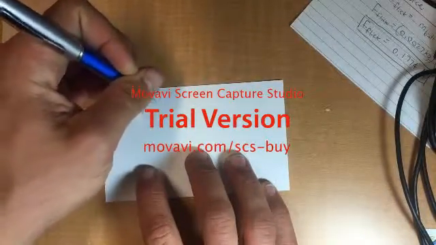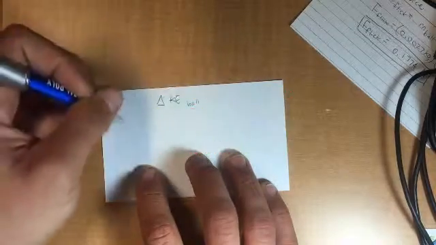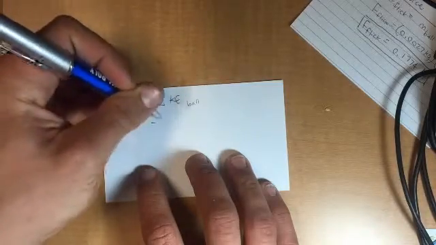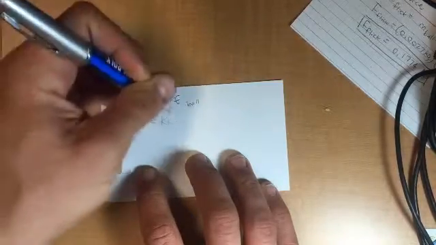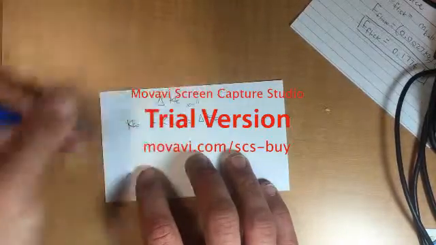Now we're going to find the change in kinetic energy of the ball. And by doing this, we'll take Kf minus Ki equals change in kinetic energy.